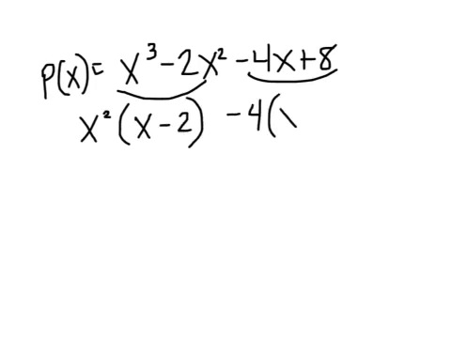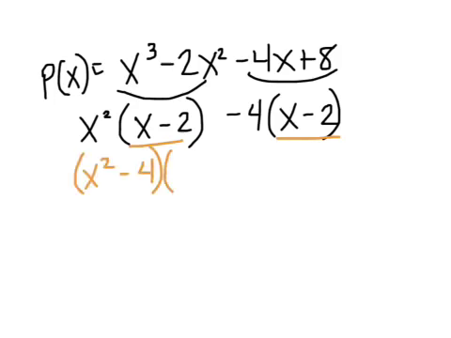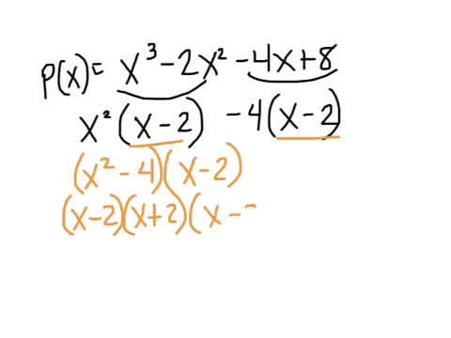And what I'm doing is taking out the common thread between the front group and the back group, and what I'm hoping to see is that this and this are exactly the same, which they are. Then when I put whatever is left inside, or if I factor out that x minus 2 group, I end up with x minus 2 times x plus 2 times x minus 2 again.